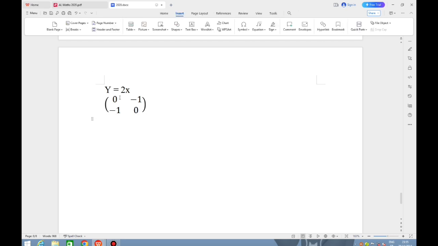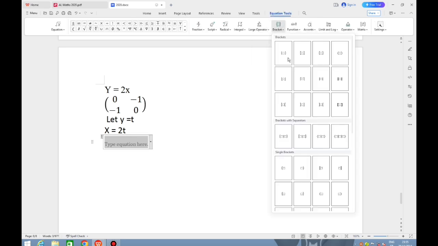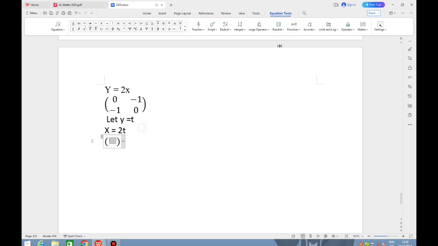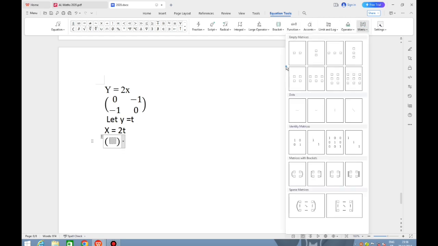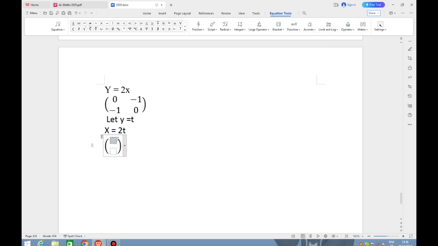So to transform this, let's put the line in parametric form. Let y equal t, then x is equal to 2t. Putting it in matrix form, x is equal to 2t, y is equal to t.